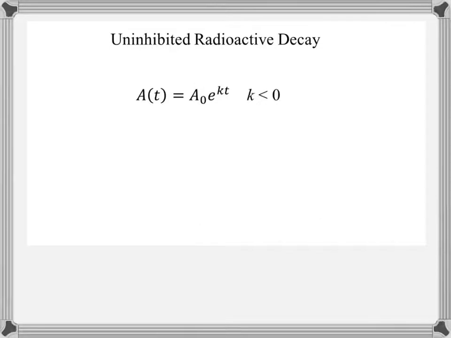Okay, uninhibited radioactive decay. So we had looked at growth, now let's look at decay. So that equation could be written in the form A of t equals A sub 0 times e to the kt, which looks like what we saw before, but here k is less than 0. So k is negative.